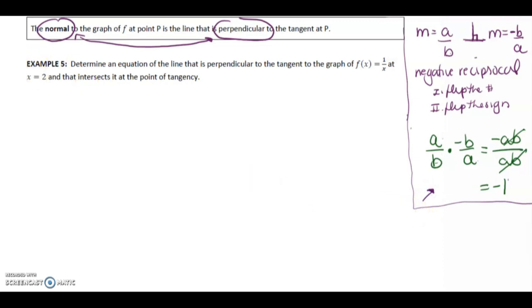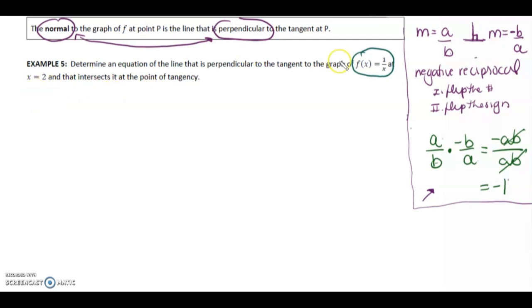So let's take a look at example 5. Determine an equation of a line that is perpendicular to the tangent of the graph of f at x equals 1 over x at x equals 2, and that intersects it at the point of tangency.